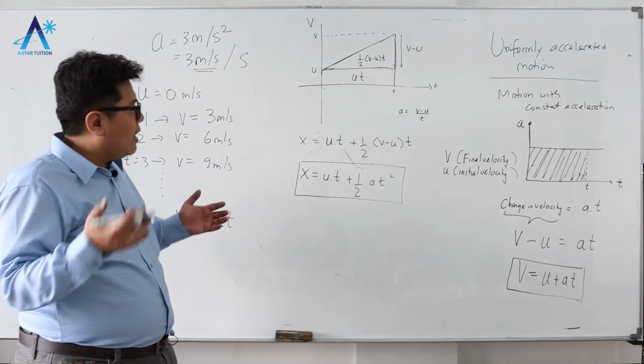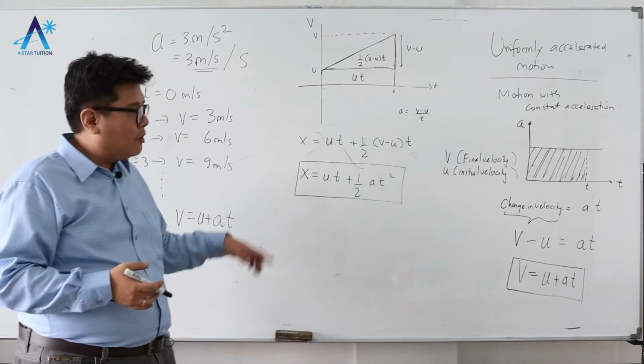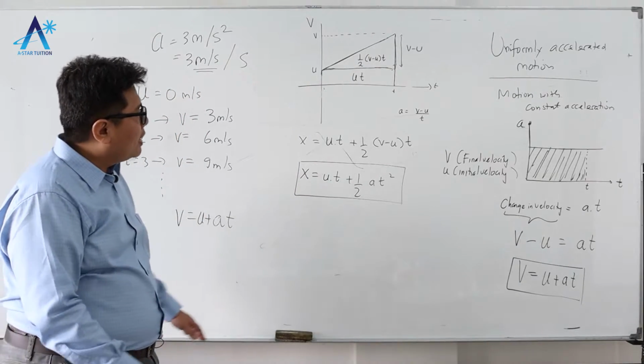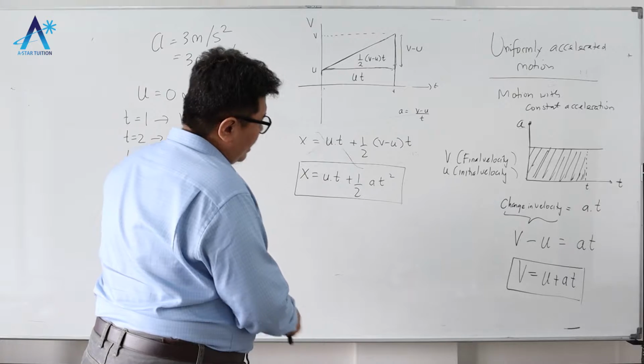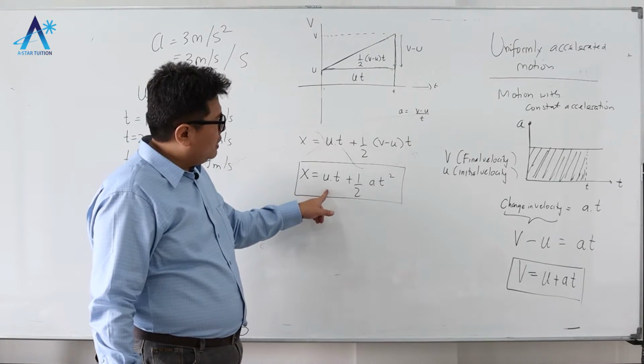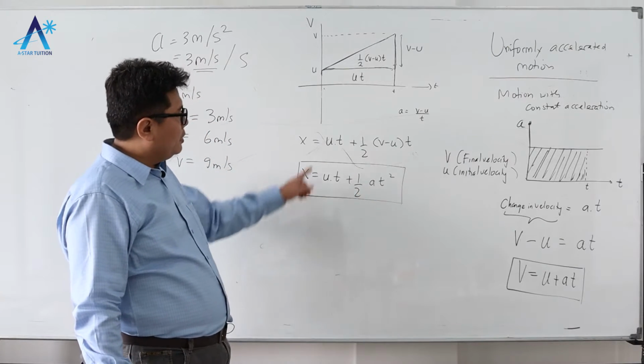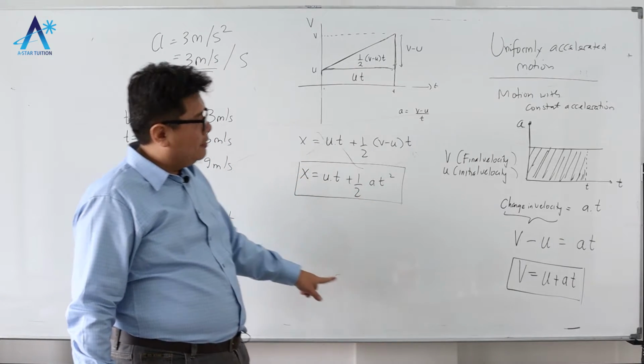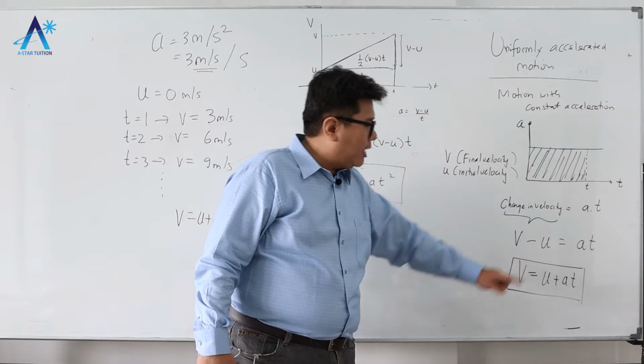Derivative means that you can derive the other two formulas from these two. Now what are they? Okay. Here you can see that x equals ut plus half at squared. Remember, u is the initial velocity, and v equals u plus at.